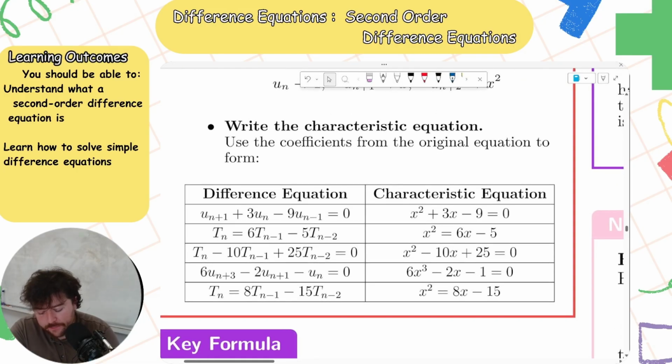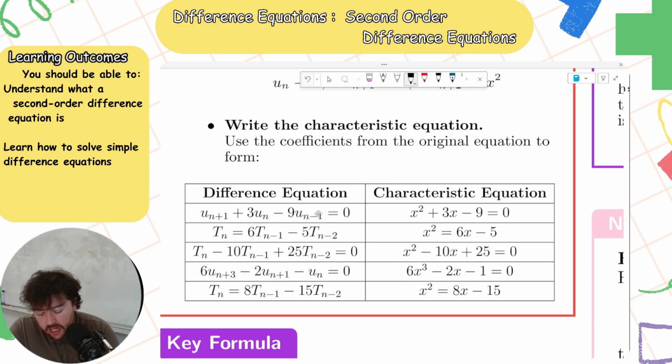So for example, this one here, Un plus 1 plus 3Un minus 9Un minus 1. This is my lowest term value, so that would be 1. So 9 times 1 is 9. Plus 3Un, that's 1 up, so that'll be 3x. And then Un plus 1, that's 2 steps up, so it'll be x squared. So this one would be x squared plus 3x minus 9.